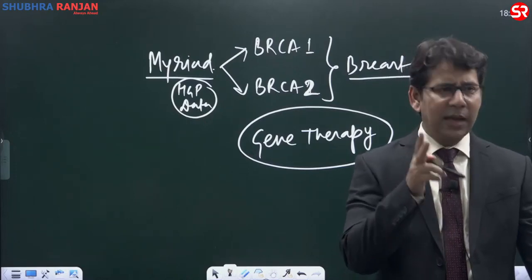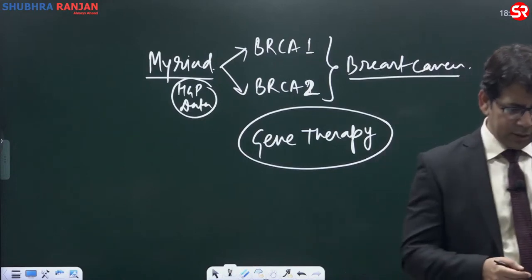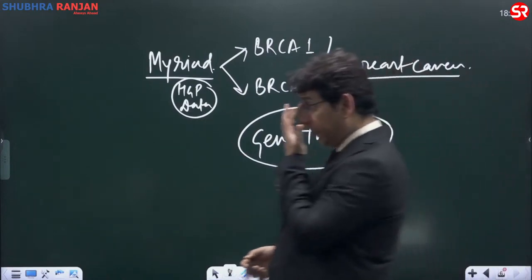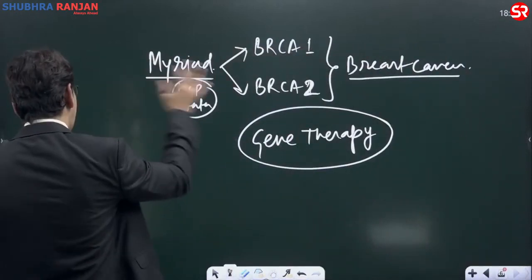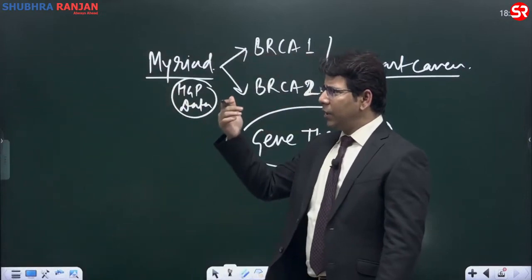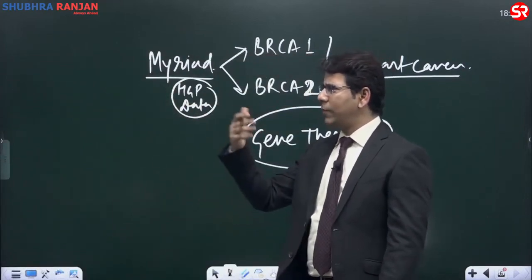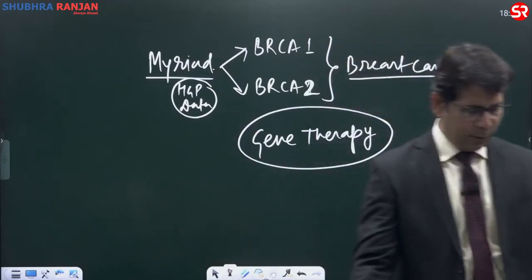CRISPR-Cas9 is most precise way to cut a gene. So we'll talk about it. Anyway, you can write the next point. Now, वो भी एक है gene therapy का एक side effect है कि genetic engineering can be used to develop bio weapons also, है ना? You can write one more point.